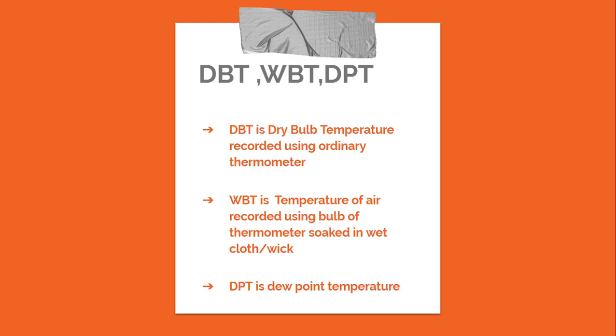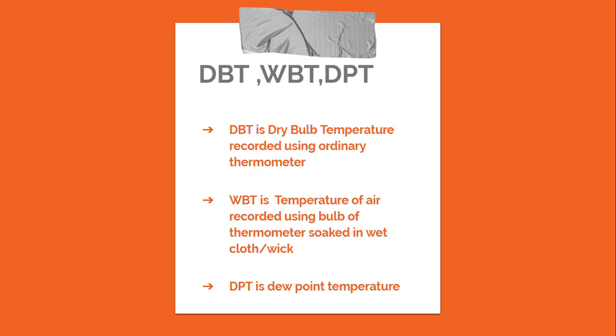The moist air which we are talking about, your ambient air which we are interested in air conditioning, is always moist. It will contain certain moisture in it. And we need to clearly understand that this moisture is not in the liquid form. I am repeating this. This moisture is in the form of vapor, superheated vapor.